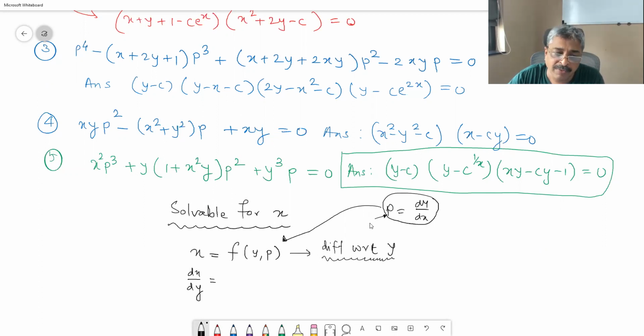By solving, you will get a relationship of p, x and y, and if you can separate that relationship, p is equal to something of x and y, you can directly put that value of p in the given differential equation, and that is going to be your solution.